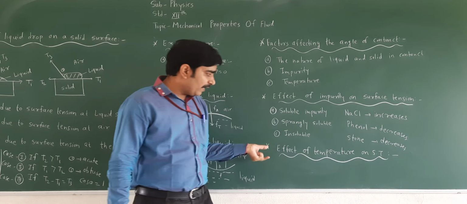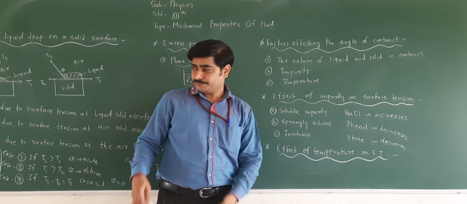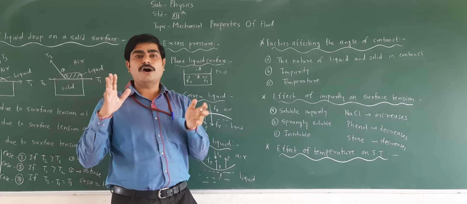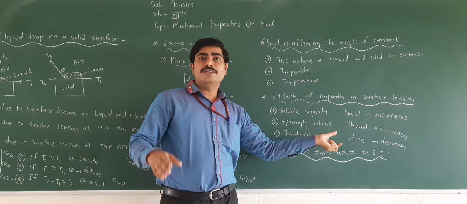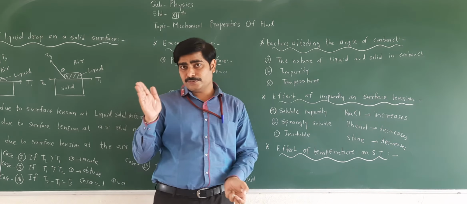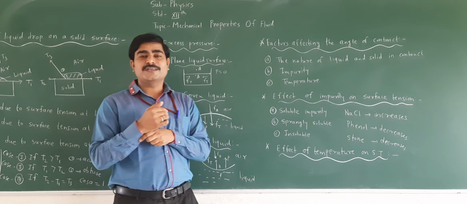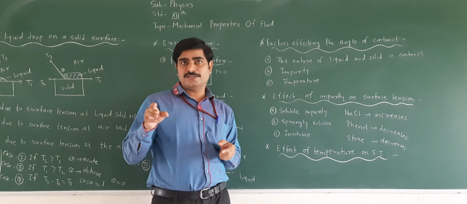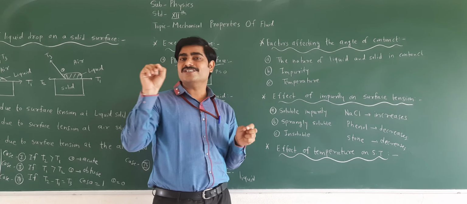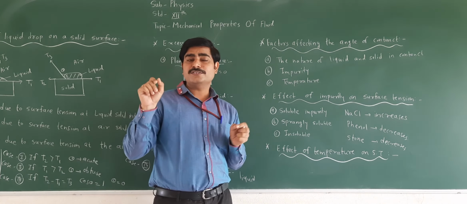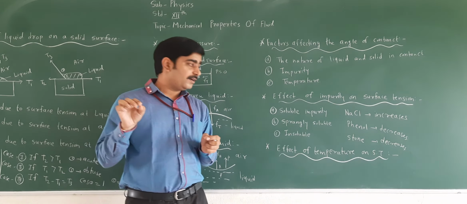Now next is the effect of temperature on surface tension. If the temperature of the liquid is increased, then the surface tension of the liquid will decrease. There is a common example. Now the Diwali vacations are coming, and when you go to purchase clothes, and you purchase a new cotton cloth, read the instructions given on the cloth: do not wash the material in hot water.